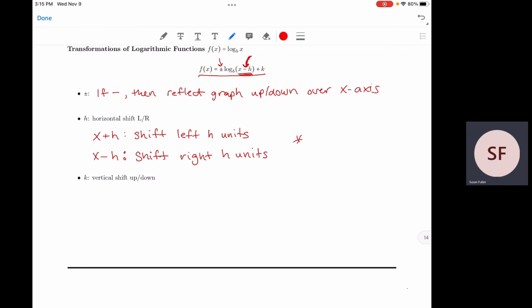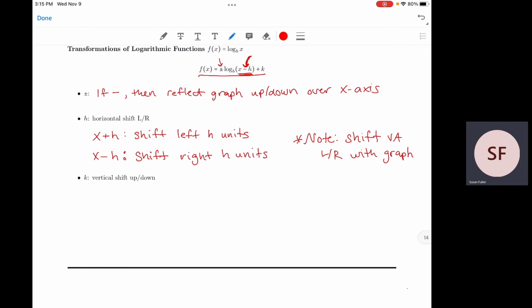So I'm just going to make a note here and say shift your vertical asymptote left or right with your graph. So we'll make notes of that as we go. But if you have horizontal shifting left and right, that vertical asymptote is going to go with you.